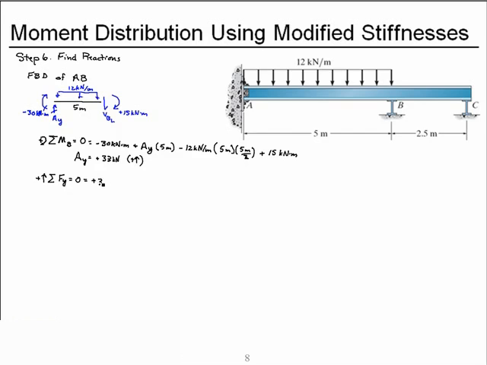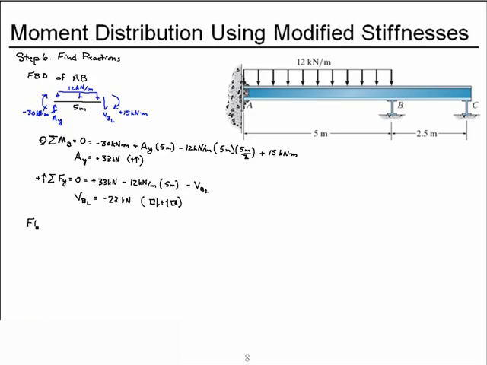We have positive reaction at A, negative contribution from the distributed load acting over 5 meters, and a negative contribution from the shear just to the left of point B. We'll solve that for the shear just to the left of point B, and we get a negative 27 kilonewtons, and that's an internal shear, so it depends which side of the cut we're looking at, and so we will denote our positive by that symbol.